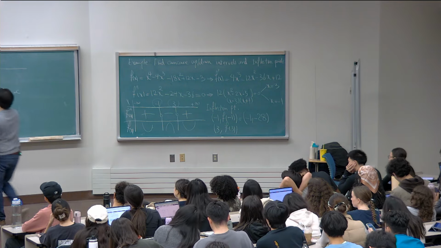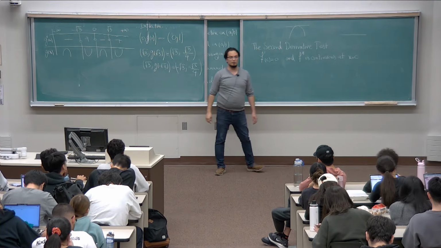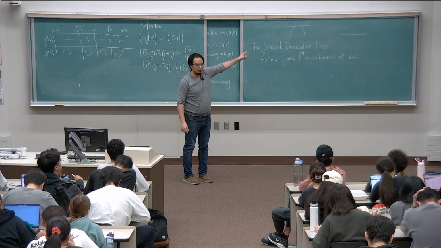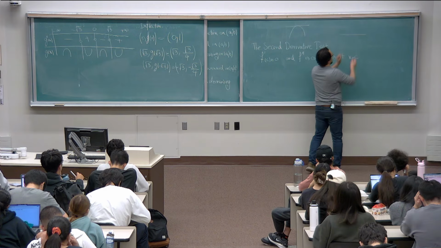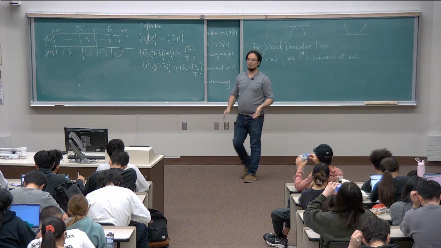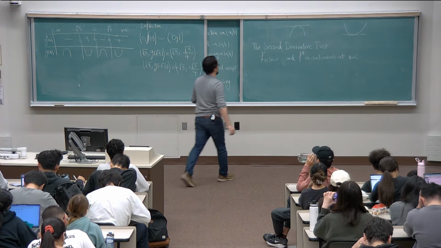The only way I can fit a function with concavity downward is like that, and that is a local max. If it is concavity upward, the only way I can sketch around that point is this, which is a local min. That's the second derivative test.